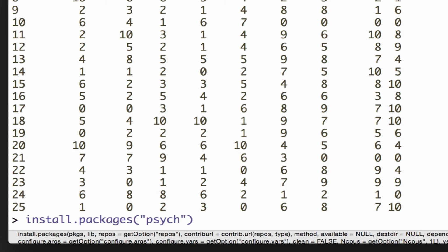Among other things, that's going to give us everything we need for the actual principal components analysis itself. In addition to that, I also want to load a package called GPArotation. Now this is for orthogonal rotation, which is something we'll talk about a lot when we do the actual analysis.